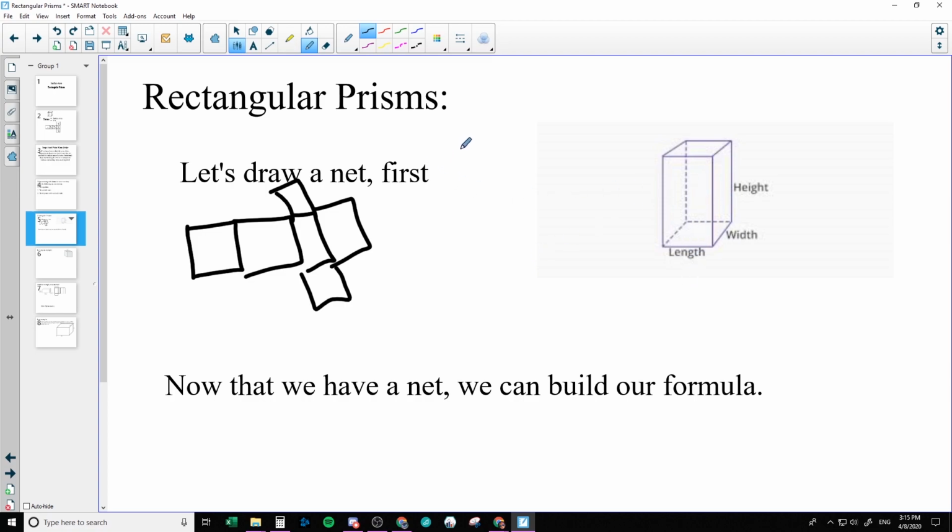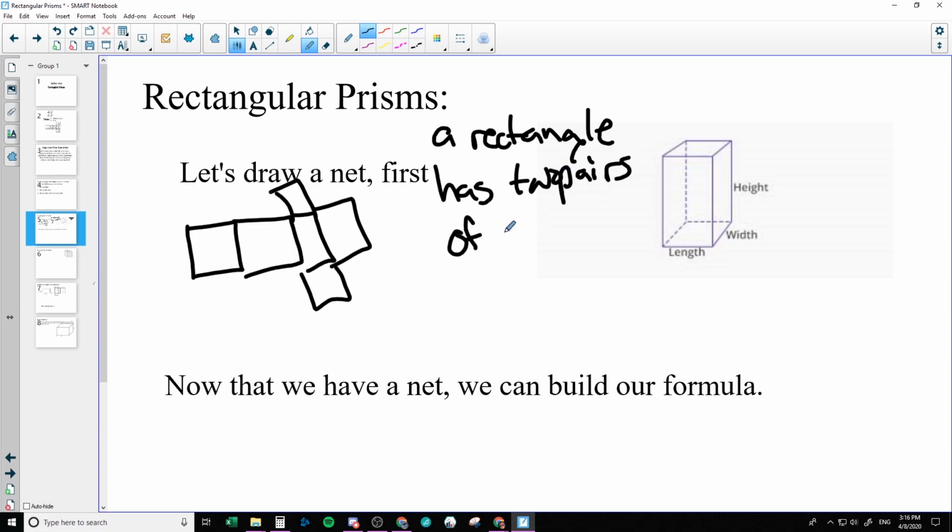And we need to remember this rule about rectangles, okay? A rectangle has 2 pairs of equal but opposite sides.